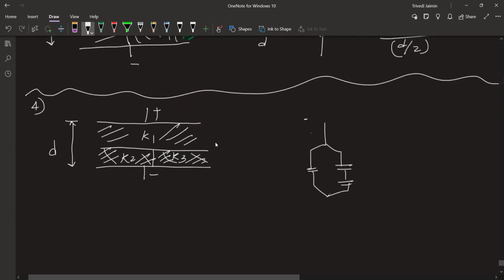See, I'll tell you one thing here. This hole will give you one capacitor, this hole will give you one capacitor, and this hole will give you one capacitor. This is your connection. So these two are in parallel combination, parallel combination with one series combination.